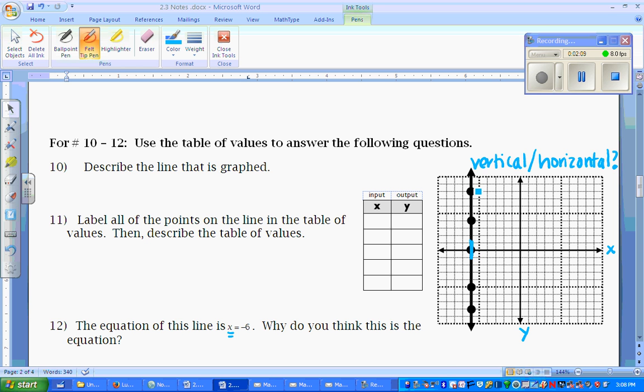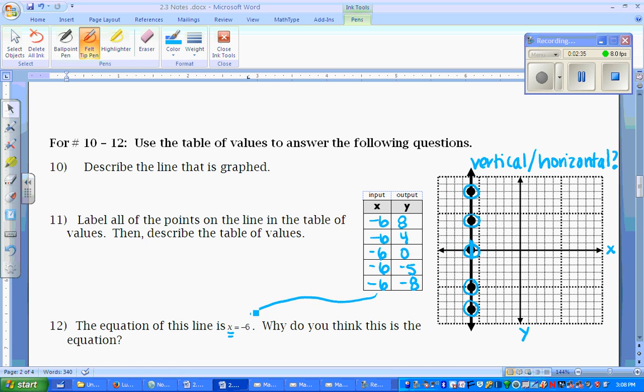If you pull these points off of the actual line, we have a point of (-6, 8), (-6, 4), (-6, 0), and the other 2 points in quadrant 3 are (-6, -5) and (-6, -8).